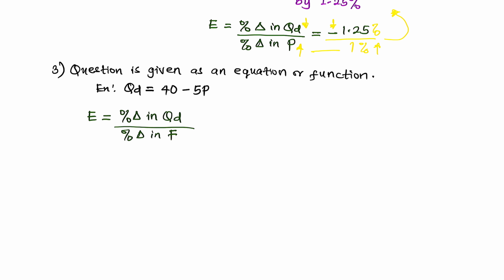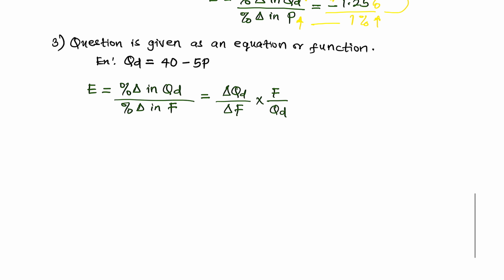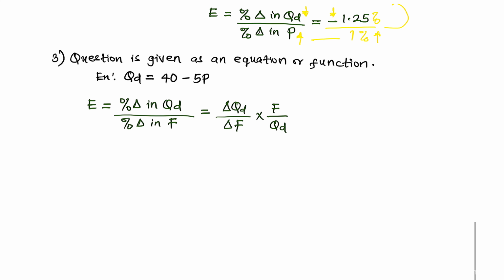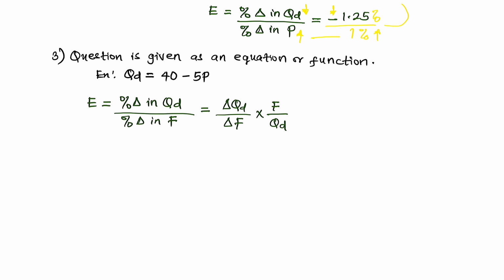And this can also be rewritten as change in quantity demand divided by change in the factor multiplied by the factor divided by the quantity demand. We've shown how this was gotten. So in this situation, we can use neither of these formulas. So we need to establish the third formula, which is gotten from the second. So this was the first. This was the second. We need to establish the third formula.